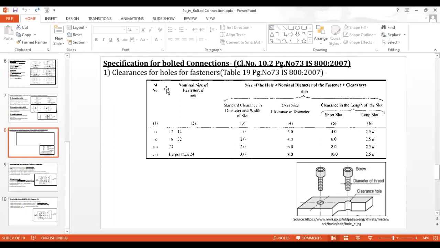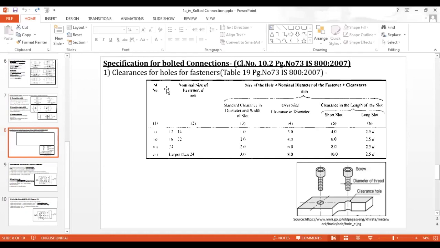The other columns give us the standard clearance in terms of the diameter, and over-size clearance in the length of the slot. Now in the diagram you can see that the diameter of the threaded portion and the clearance of the hole are clearly given.